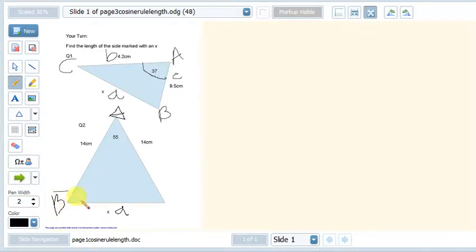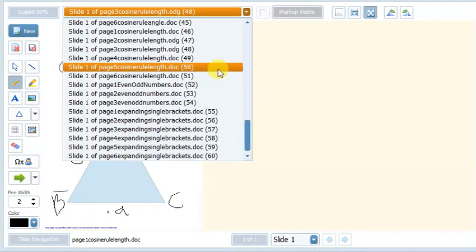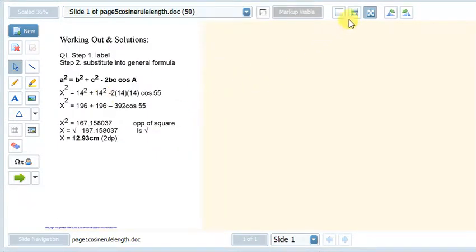I would label this one B. So therefore the side opposite is little b. And then I would label this vertex C, so therefore this little one here is C. So therefore small b and small c are both 14, and then angle A is the 55. Okay, so remember, always label first.